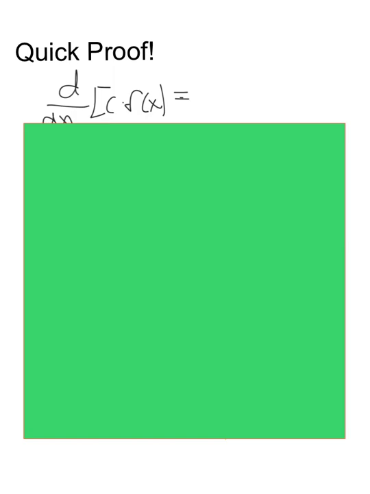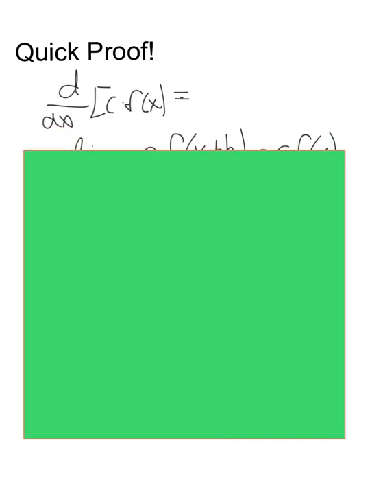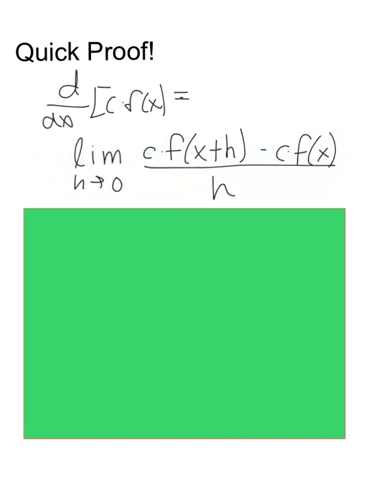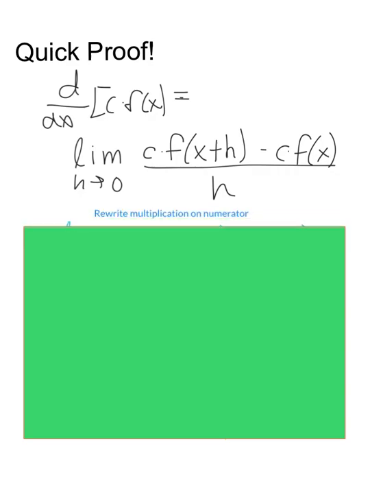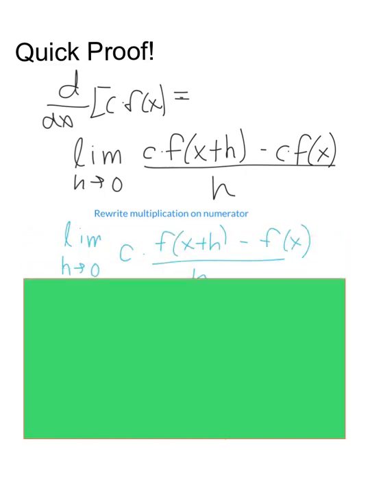Just as a quick little proof as to why that works, we're going to go back to our limit definition of the derivative just to enforce again that all these rules can be proven using our limit definition. So we're looking for the derivative of a constant times a function. So we introduce our limit definition. Then from there, we're going to rewrite the multiplication on the numerator. So I'm just going to pull that c out in front of the function.